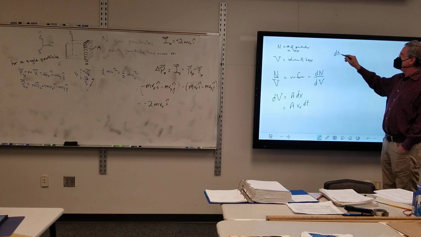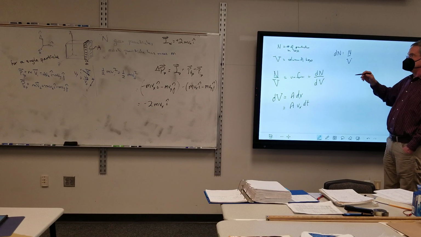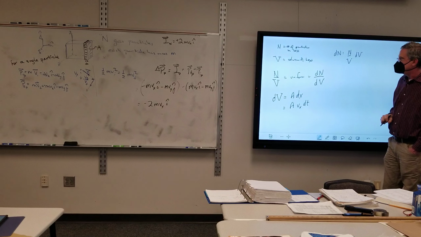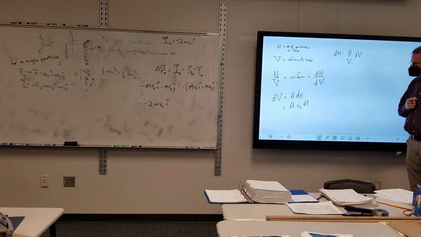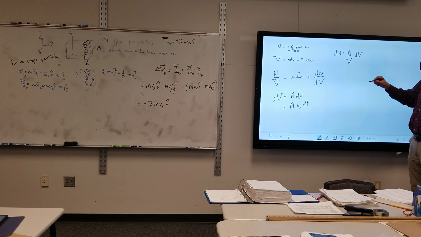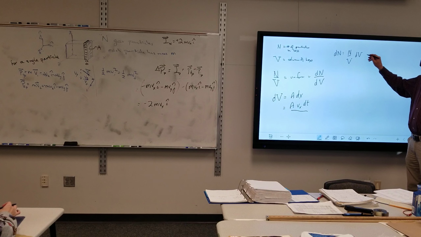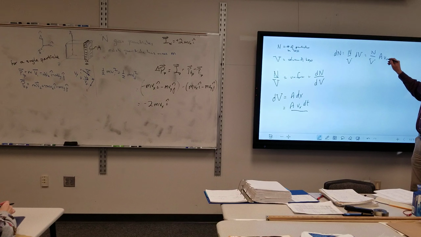So dN, the number of particles, would just be the total number of particles in the box divided by the total volume of the box times dV, which would be N over V A dx dt.